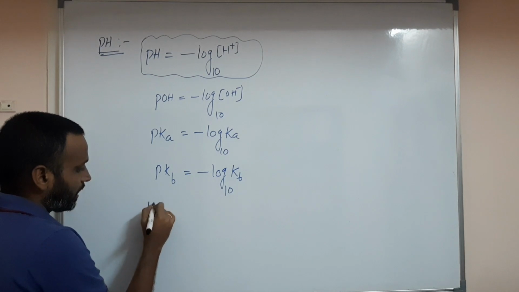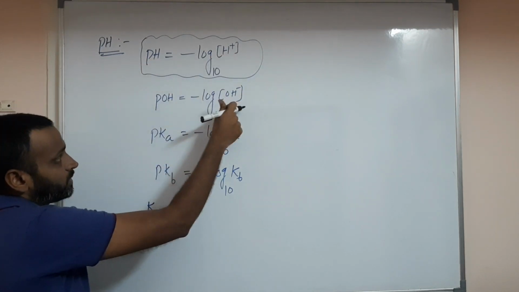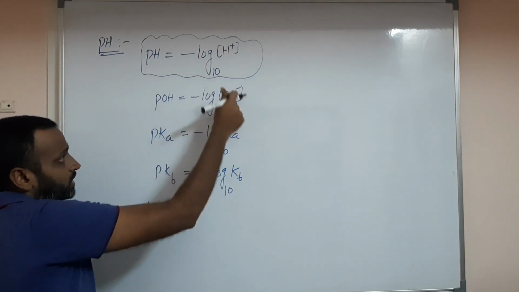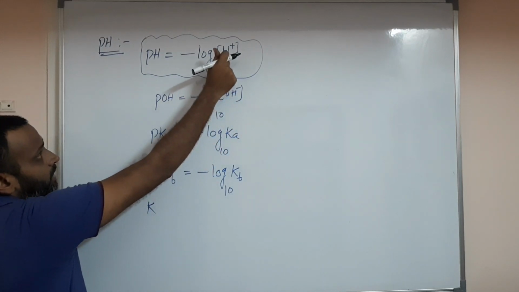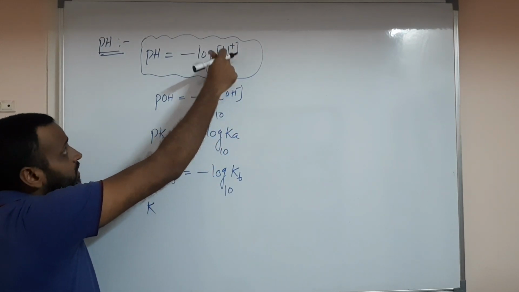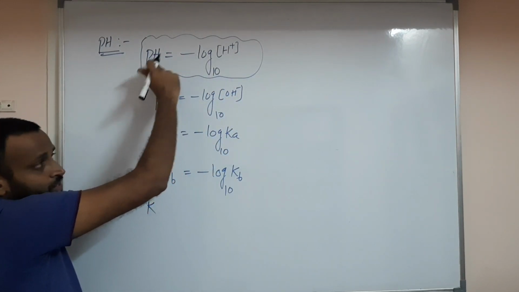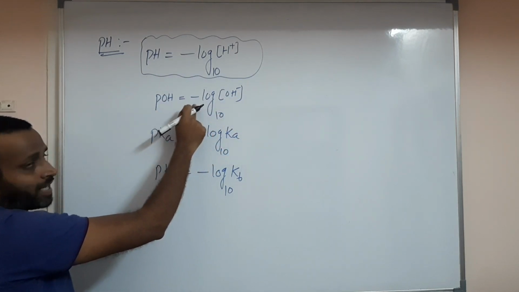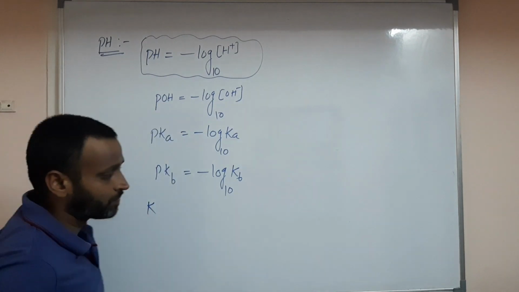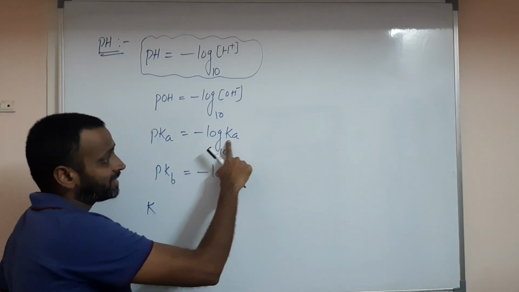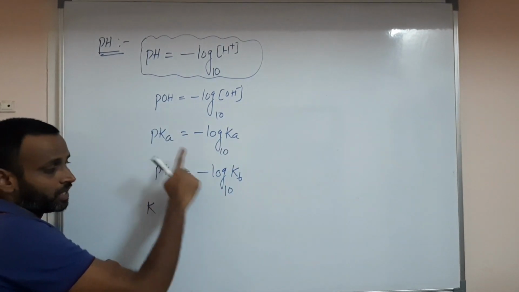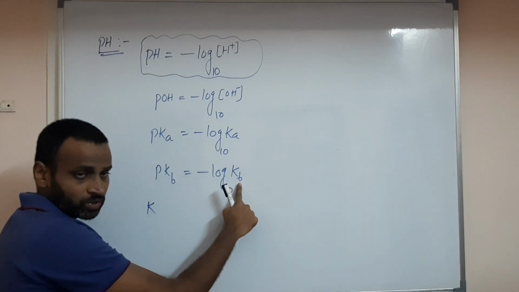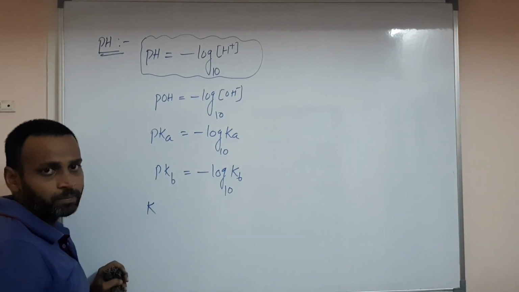Ka and H and OH, you know what they mean: H plus concentration, OH minus concentration. When you consider H plus concentration, the term is called pH. If you consider the negative logarithm of OH minus concentration, that is pOH. If you consider the acid dissociation constant, that is pKa. If you consider the base dissociation constant, that is pKb.